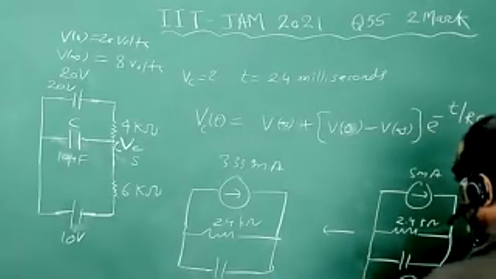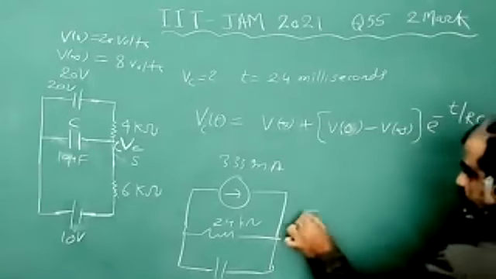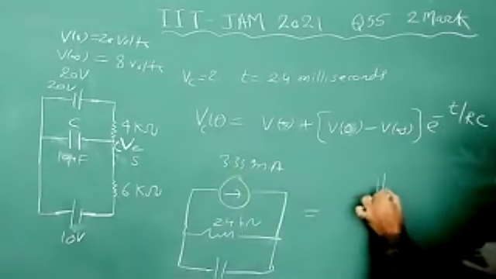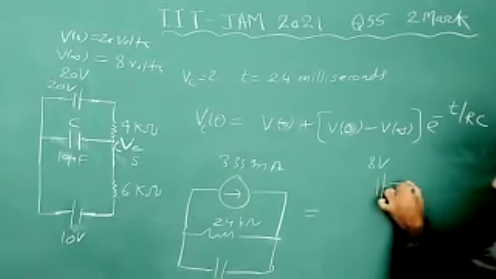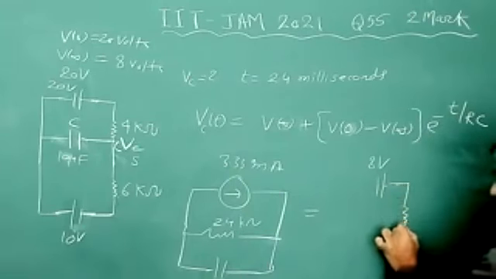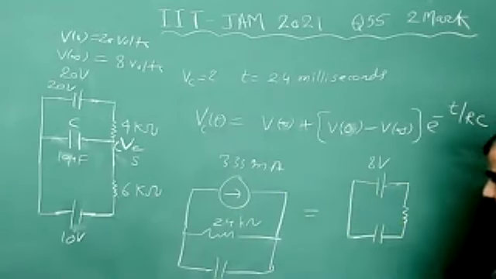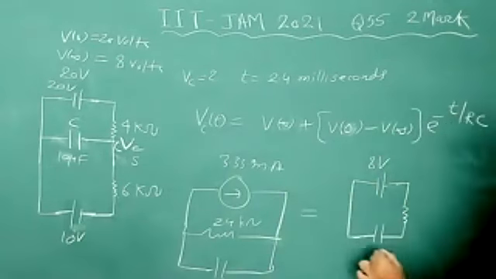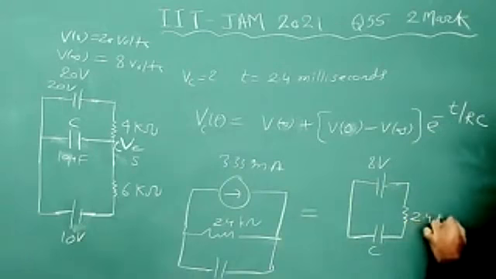If I solve 2.4 into 3.3, this will give me 8 volts. This resistance now becomes in series, and this is my capacitance. So now this becomes a simple RC circuit, with 2.4 kilo ohm and 8 volts.